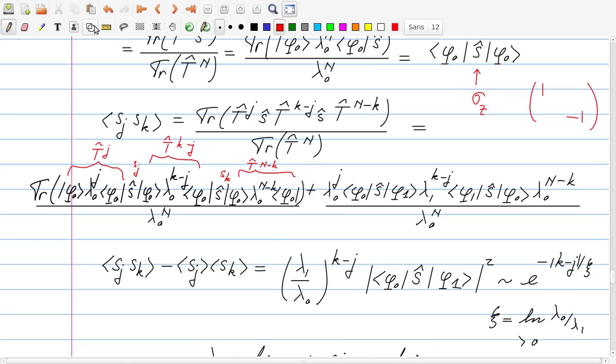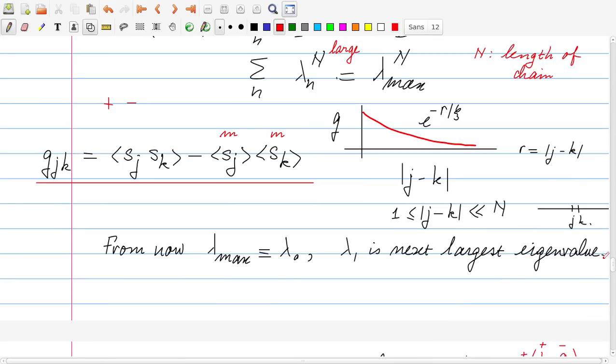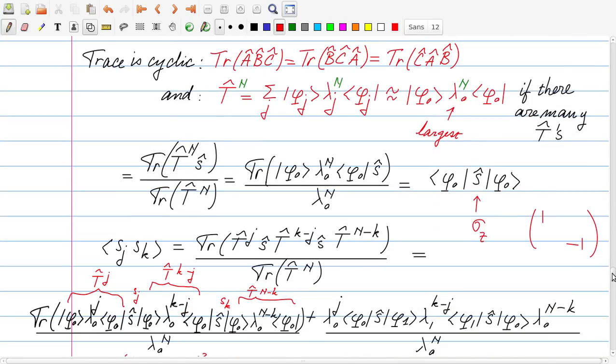can be written as phi 0 S phi 0 squared. Now the point is that our Gjk, this is the term we are evaluating now, and I should subtract these two. But we have seen that both of these have the form phi 0 S phi 0.